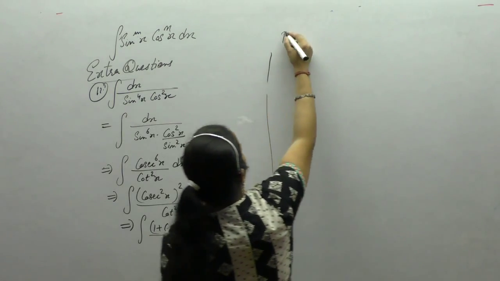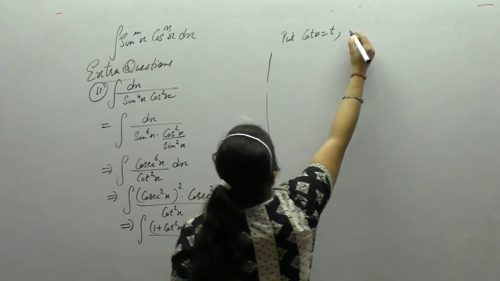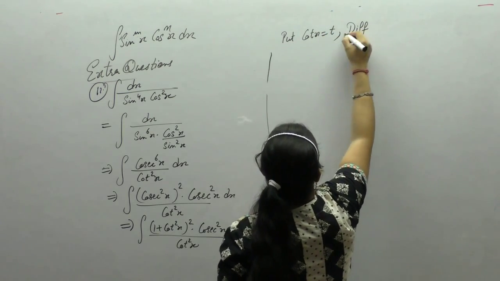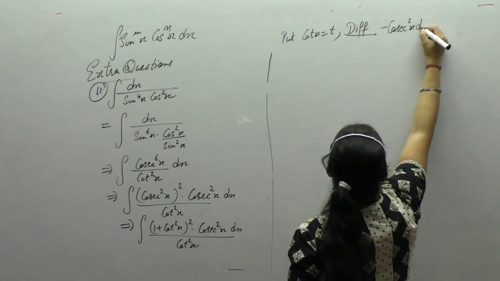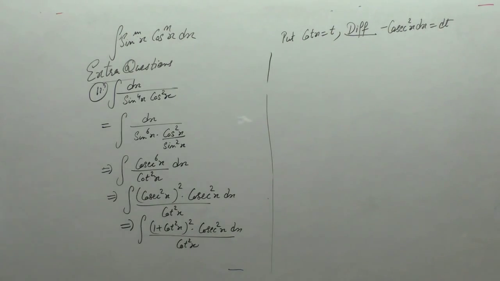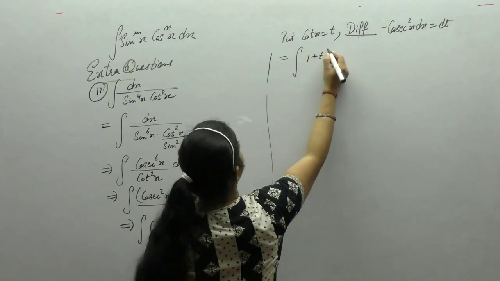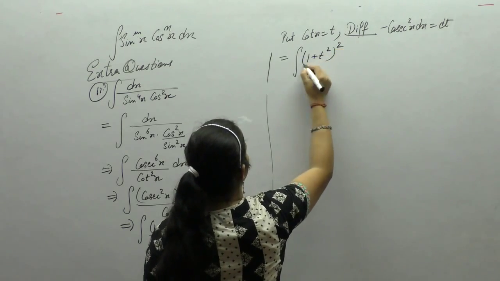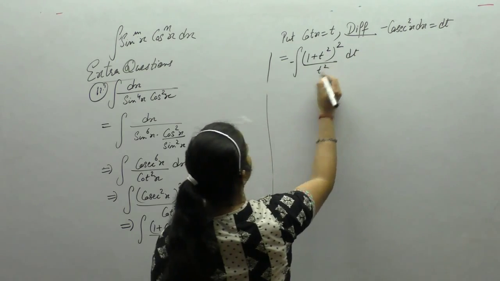Now put cot of x as t. Differentiate. Derivative of cot is minus cosec square x dx. Now put these values. Cot x as t, 1 plus t square whole square, minus dt upon t square.